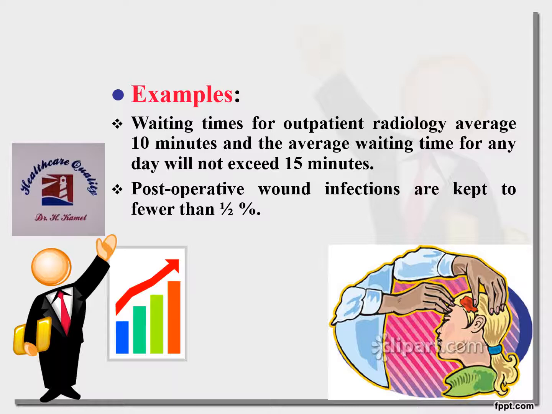Examples: waiting time for outpatient radiology, average 10 minutes, and the average waiting time for any day will not exceed 15 minutes. Post-operative wound infections are kept to fewer than 0.5%.